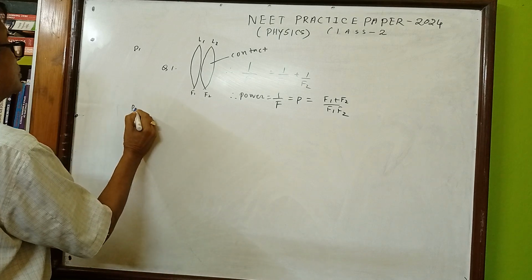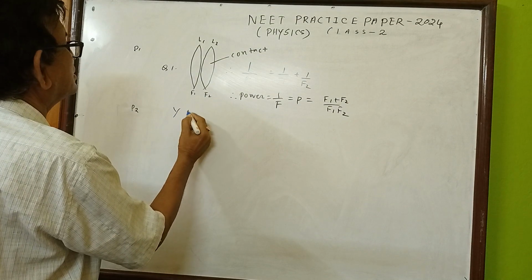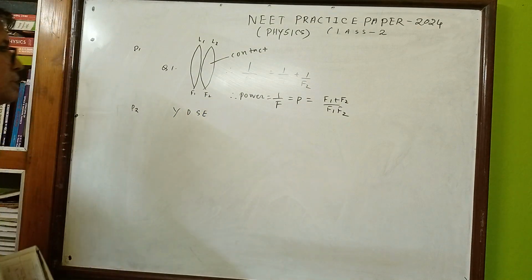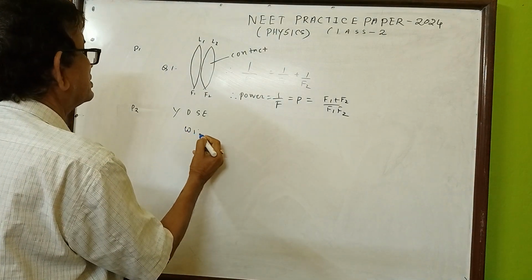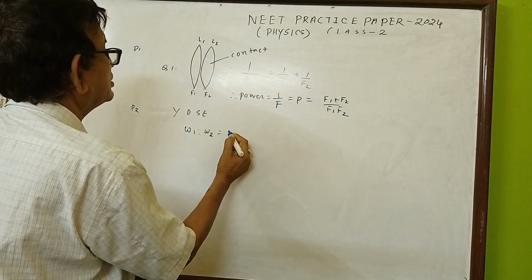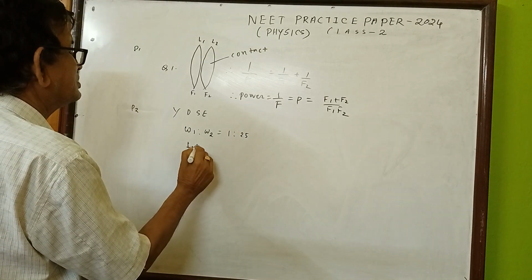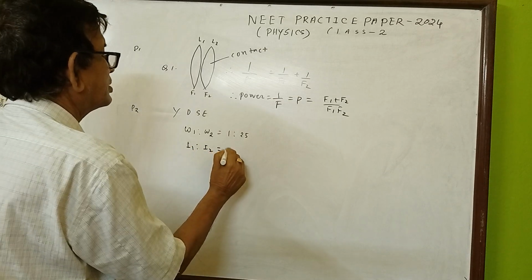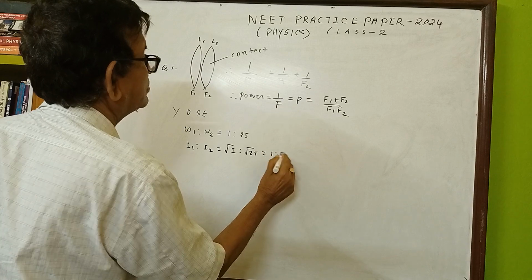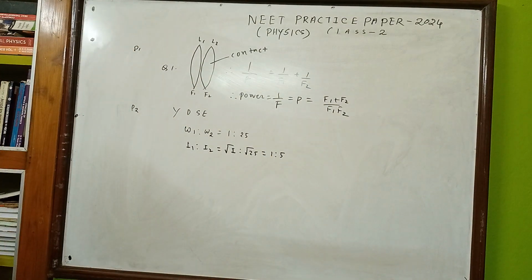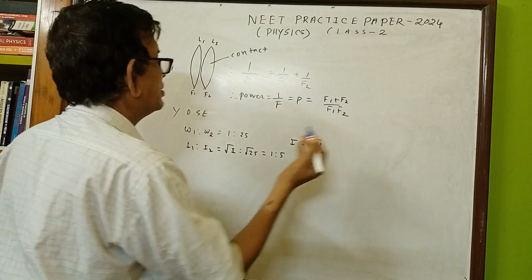Problem number 2. The question is Young's double slit experiment. They are telling you the ratio of W1 to W2 is 1 to 25. Now children, you know I1 to I2 will be root 1 to root 25, that is 1 to 5. Always remember I is proportional to root W, with K equal to 1.